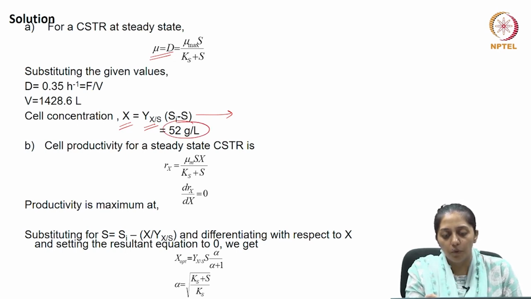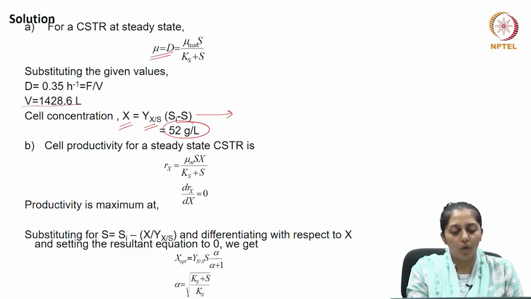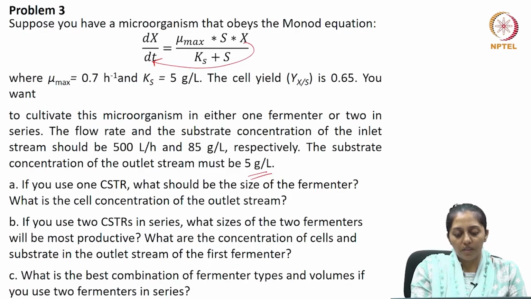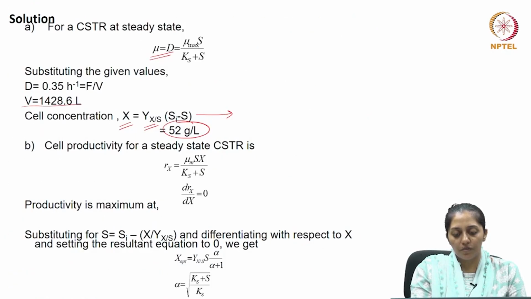Now, mu max and Ks were also given. So, we can determine the value of mu using the steady state substrate concentration, which will be equal to the dilution rate at steady state. Once we know the dilution rate, we have the value of F, so we can determine the volume of the reactor. Now, what is the cell concentration of the outlet stream?